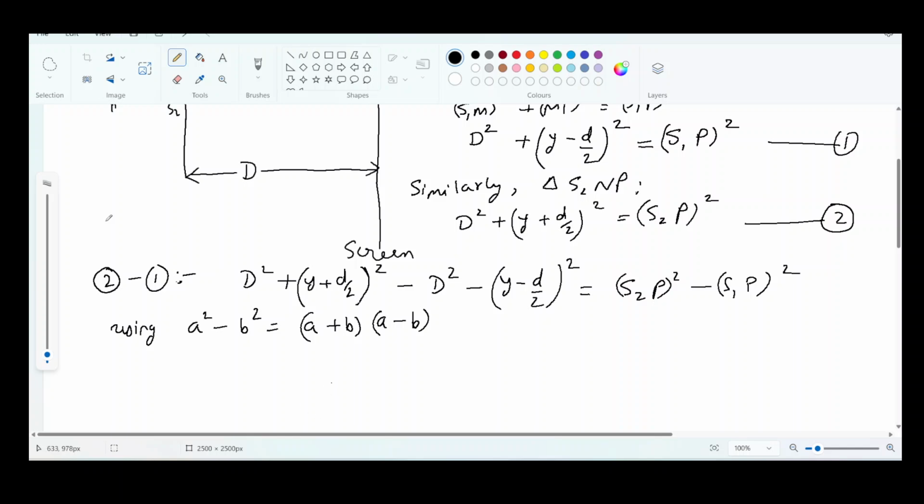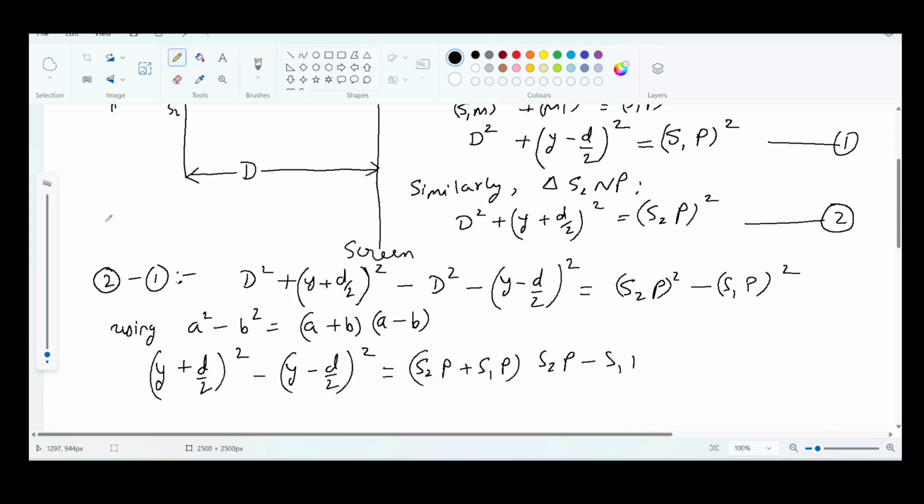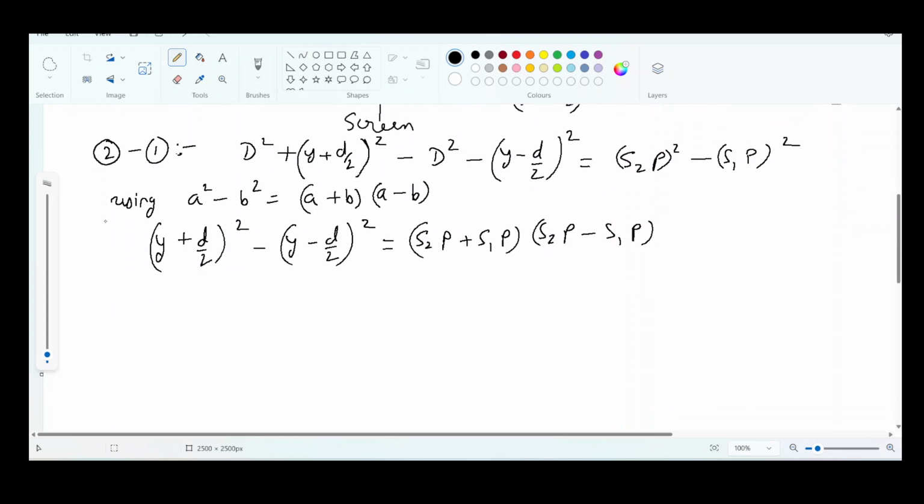Okay, so I write d square cancels and I have y plus d by 2 whole square minus y minus d by 2 whole square is equal to S2p plus S1p into S2p minus S1p. So this is what I have here.